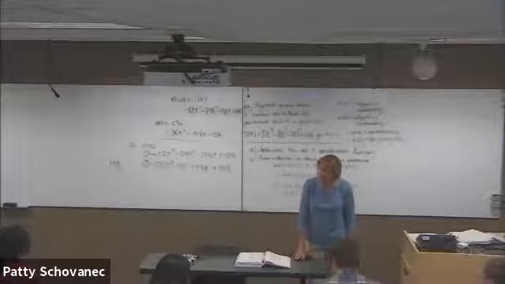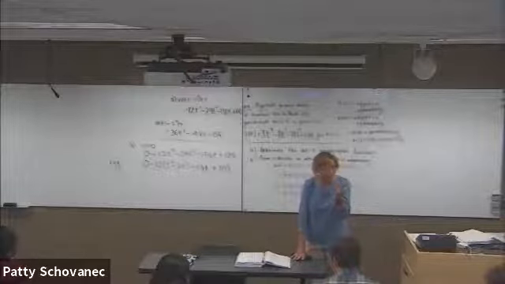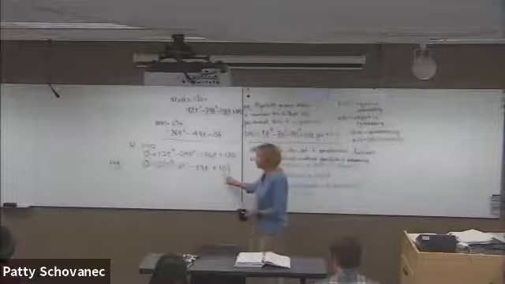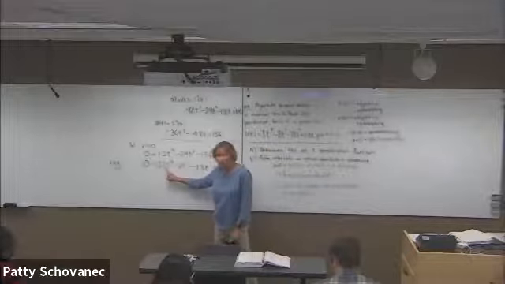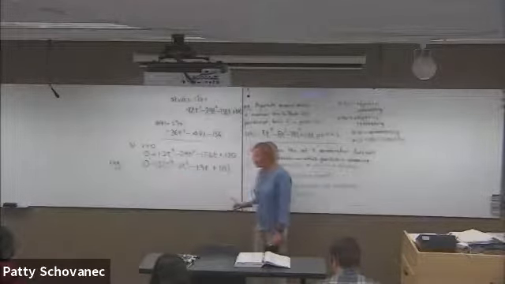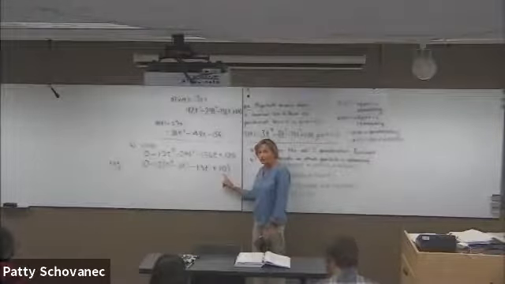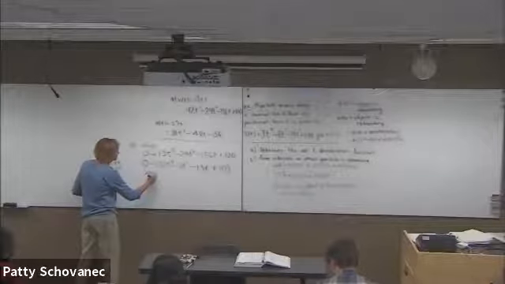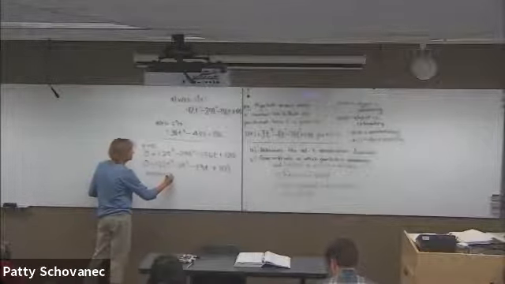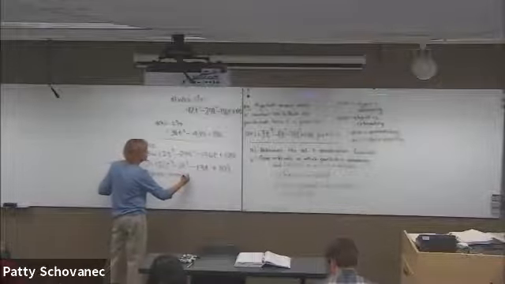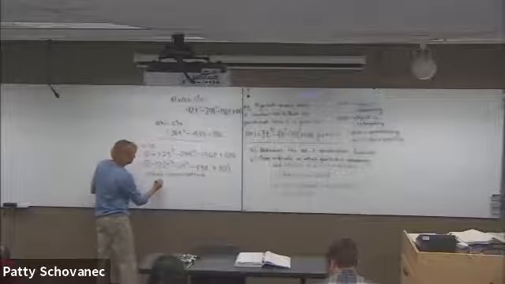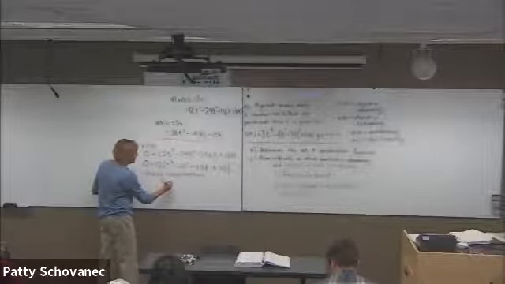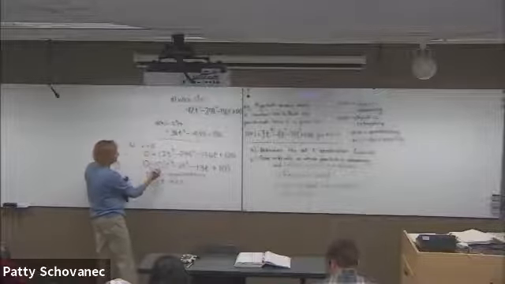It says if a polynomial has any rational roots, rational means looks like a fraction or a whole number, then the rational roots take the form of factors of the last number divided by factors of the lead coefficient. So possible rational roots are plus or minus 1, 10, 2, 5 divided by 1.